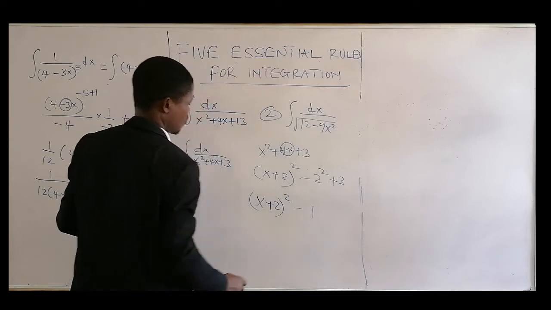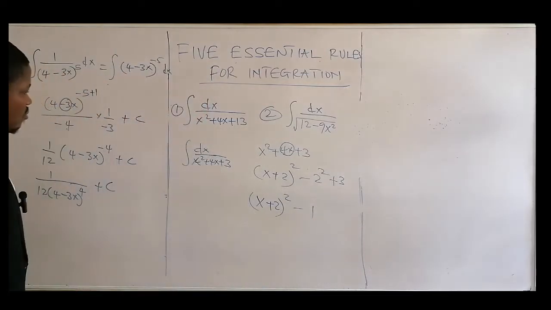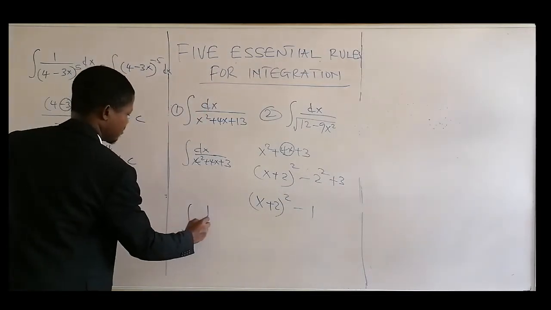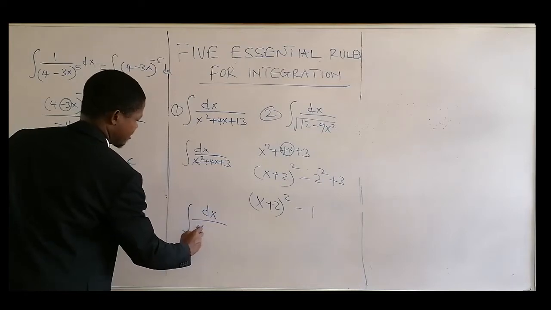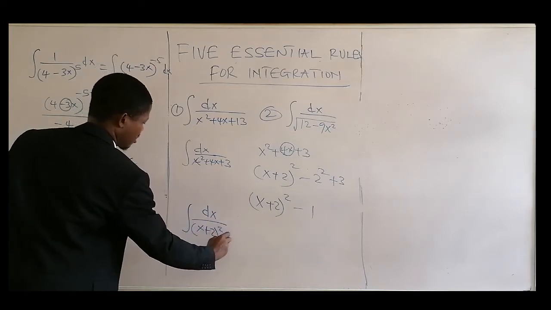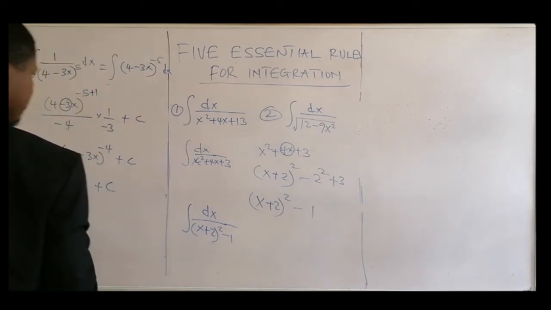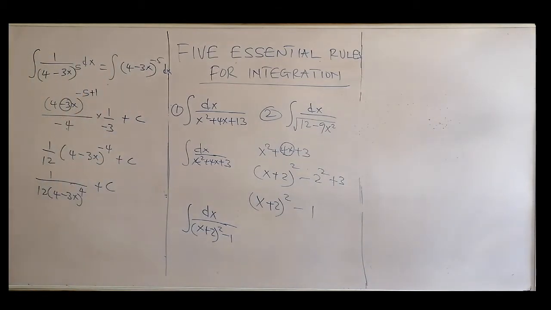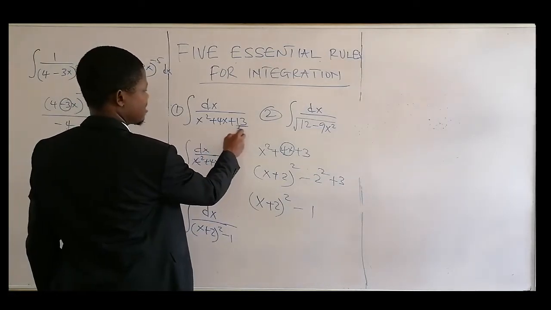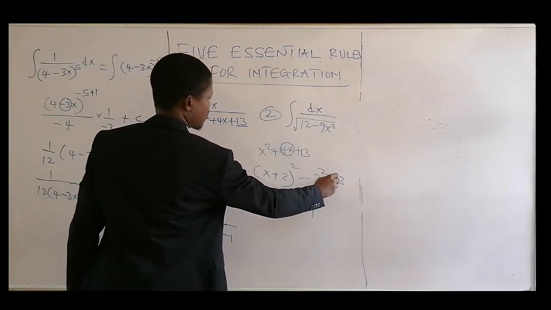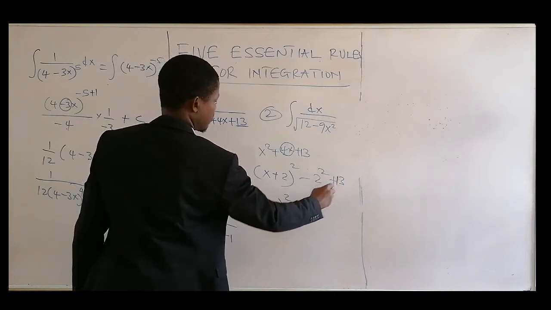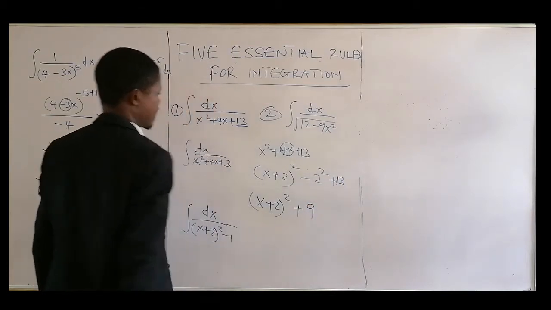So that's (x plus 2) squared, and this is minus 4 plus 13. Sorry, this is 13. So plus 13 minus 4 will be equal to 9. So we now have the integral of dx all over (x plus 2) squared plus 9.